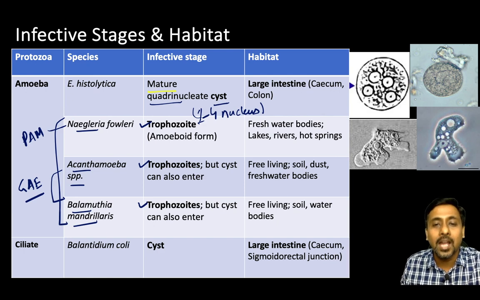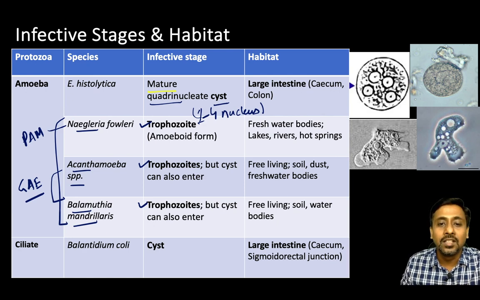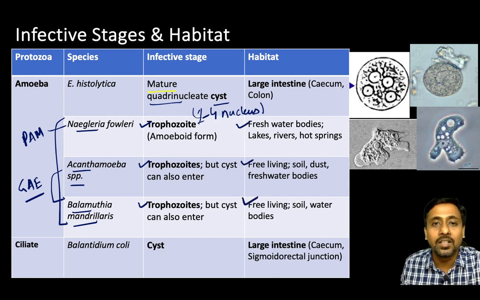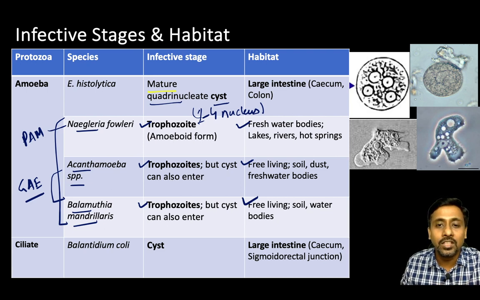Also, the habitat is not inside the human body, because as they are free living, they are normally found in freshwater bodies. Humans usually get infection by swimming, or by ingesting or inhaling water from a swimming pool, lake, pond or springs. These are the habitats of these three free living amoebae.